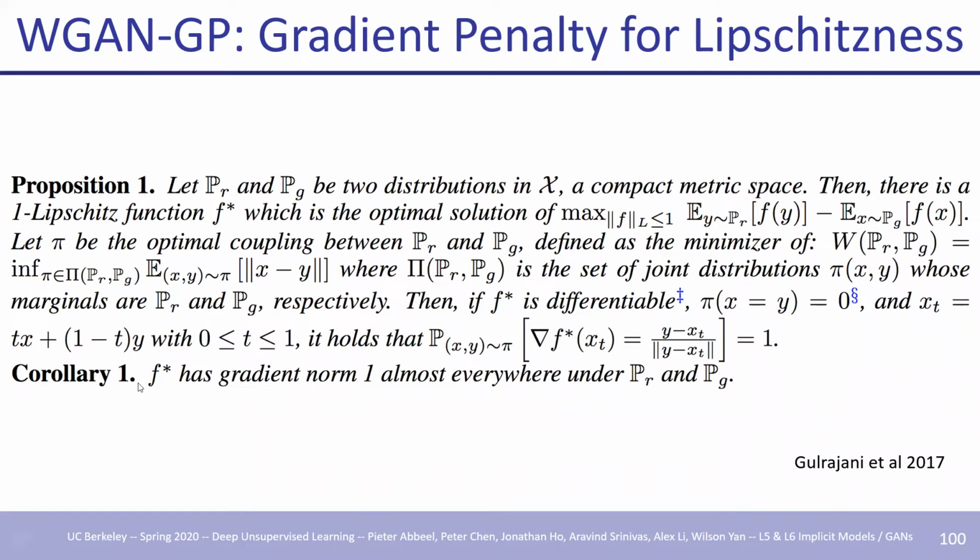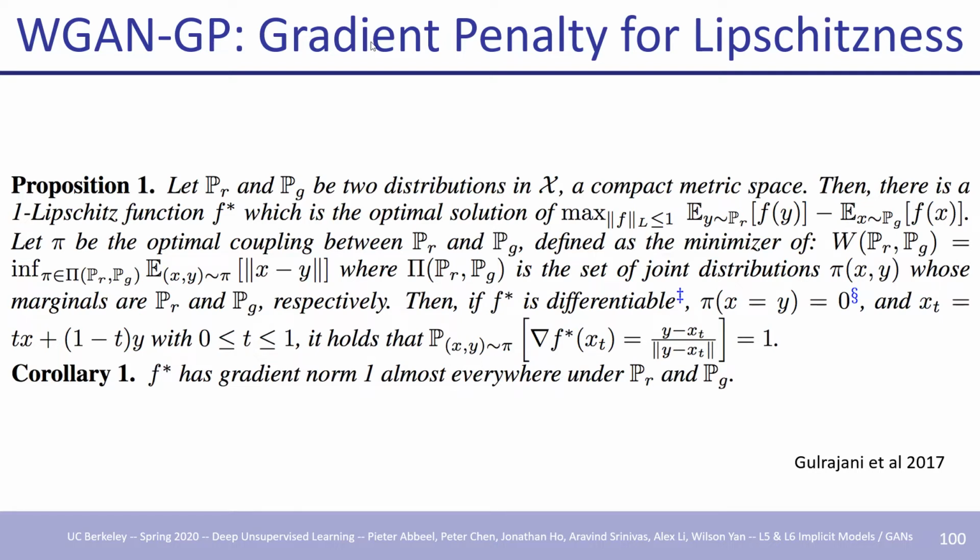But the simple corollary is that f star has a gradient norm of 1. If you take the norm of this one, the top and the bottom are the same, so the norm is 1. It's saying f star has gradient norm 1 almost everywhere under PR and PG. So if we have this optimal one, then the norm of its gradient is always 1.